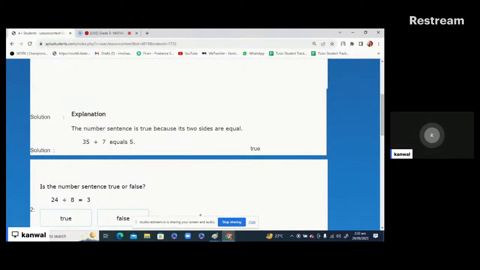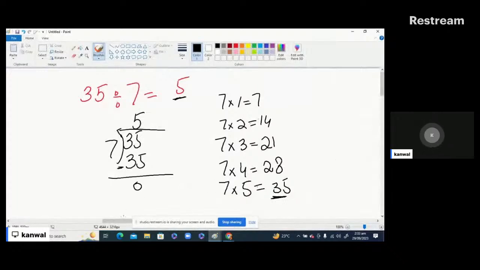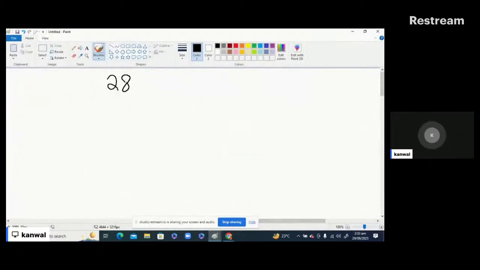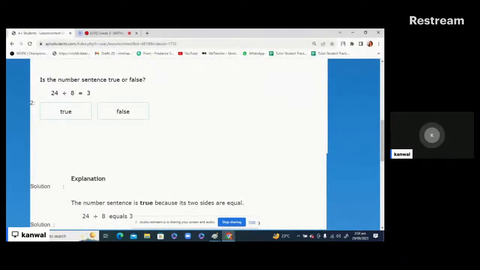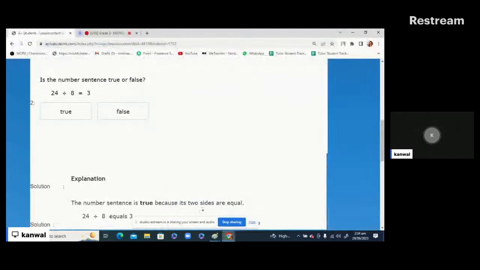Now let's do part B. Is the number sentence true or false? 24 divided by 8, then you get the answer 3. Okay, then let's check this question. 24 divided by 8, and here the answer is already given, which is 3.